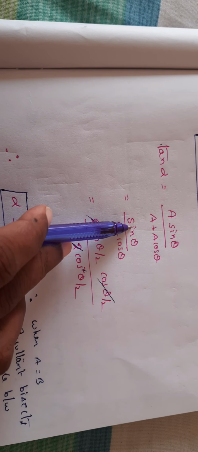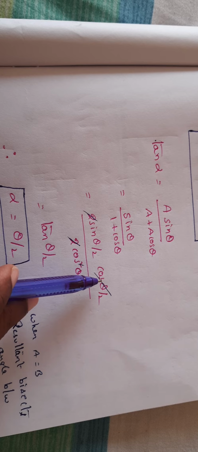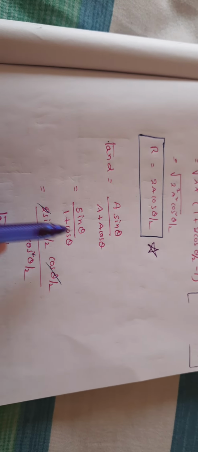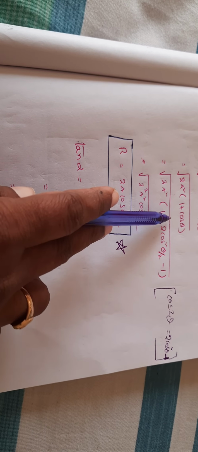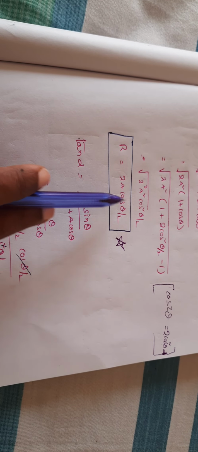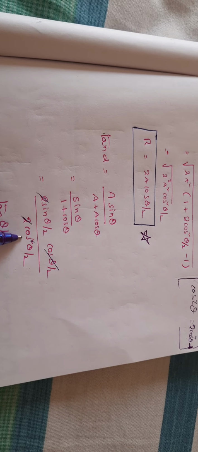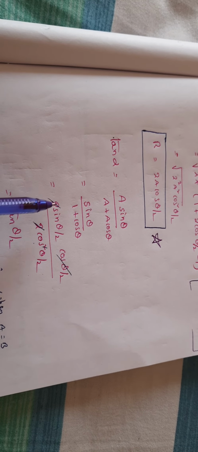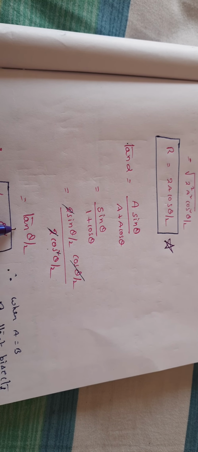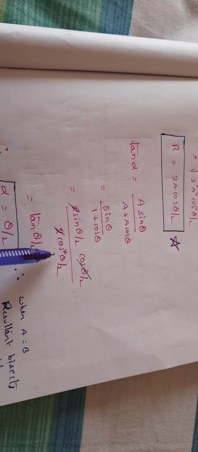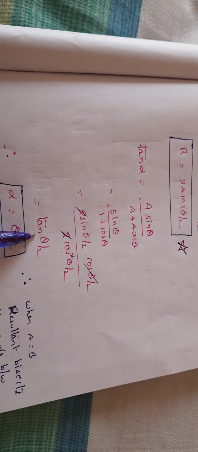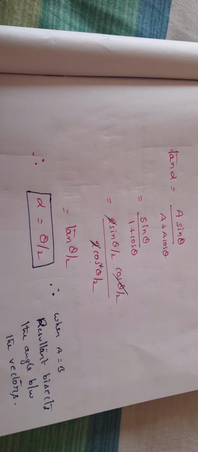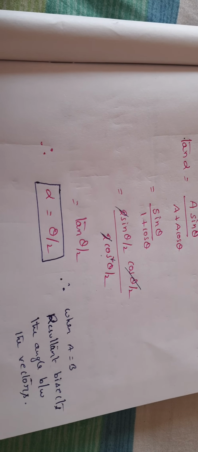What is sin theta? 2 sin theta by 2 into cos theta by 2. And already we have seen 1 plus cos theta is equal to 2 cos square theta by 2. I am substituting it here. The 2 will get cancelled. You are left with sin theta by 2 by cos theta by 2, that is tan theta by 2. Alpha is therefore equal to theta by 2.